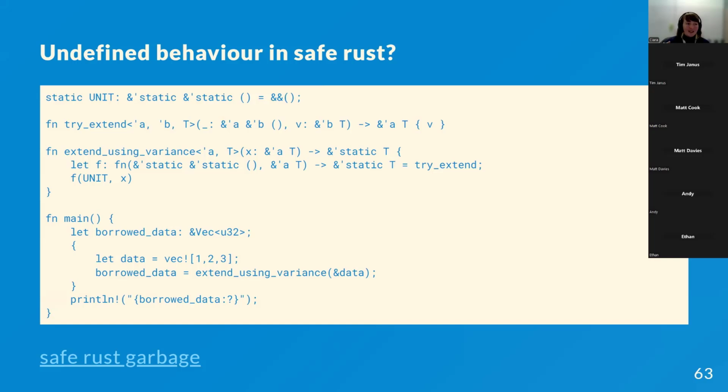similarly, you just need the reference that's returned to live long enough. You can always return a static reference from a function, so if the return type is static, then you can use that in other places. And if your restriction on the return type is just that it has to live for a lifetime A, then you should still be able to return a thing of lifetime static.